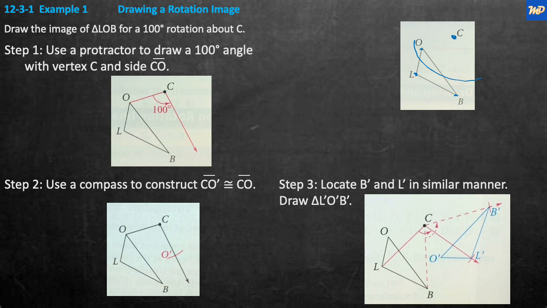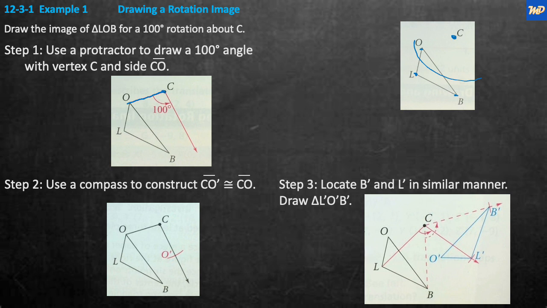So step 1, use a protractor to draw a 100-degree angle with vertex at C and a side CO. What they're saying is we're going to draw a line from C to O. Then you put your protractor on this line with the center on C, and strike off a 100-degree angle.